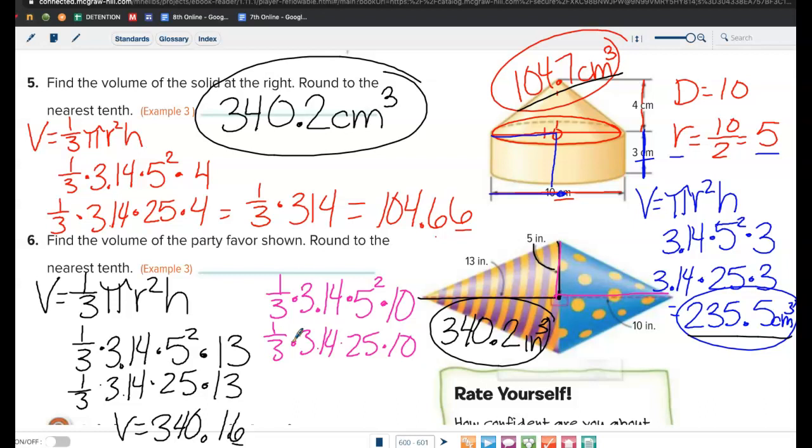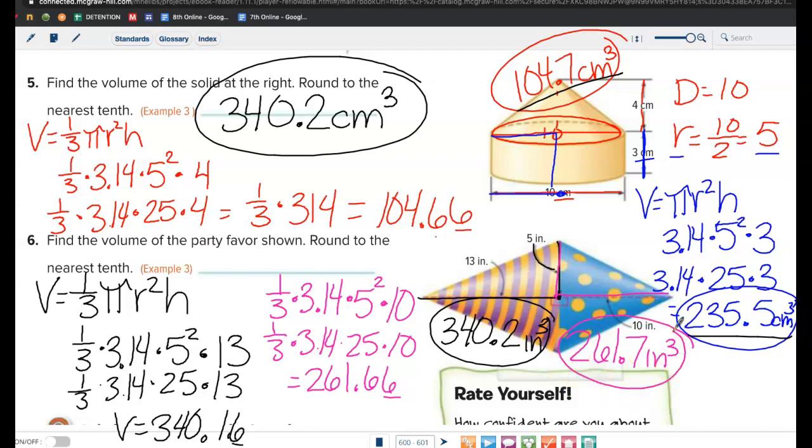And I did it all in one step again, 66666. I'm going to stop there though because I'm going to round to the nearest tenth. This 6 tells the other 6 to go up. So the volume of my blue cone is going to be 261 and 7/10 inches cubed.